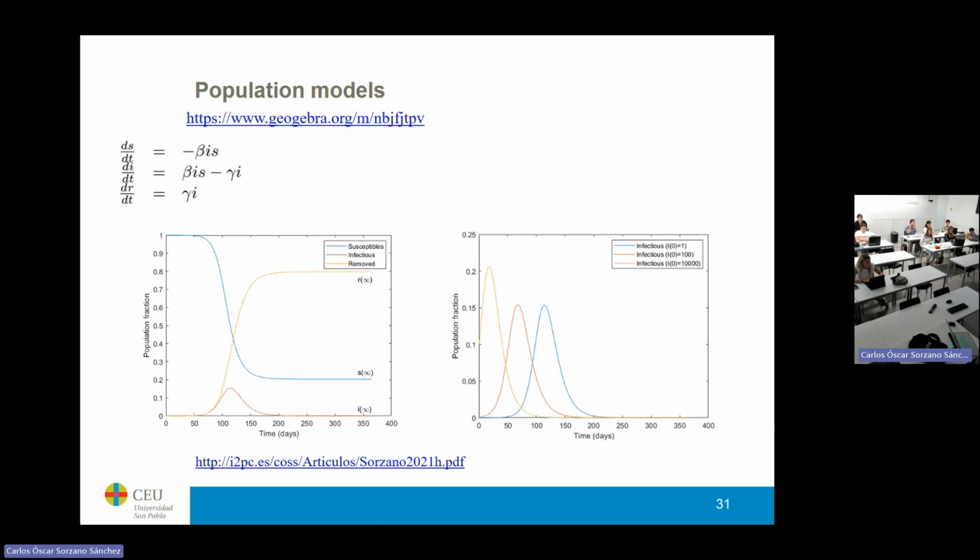If there are 10,000 people, then the peak of infectious occurs very soon, because there are a lot of encounters. If there is only one infectious, it will happen, but quite late, because at the beginning there are very few encounters. And you can play a little bit with this model here.